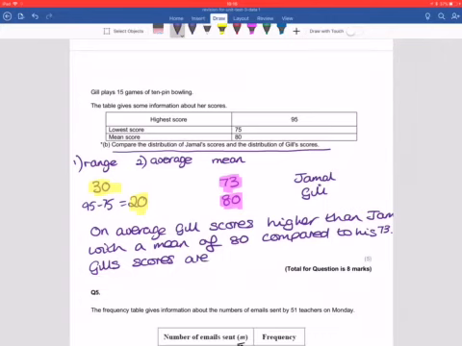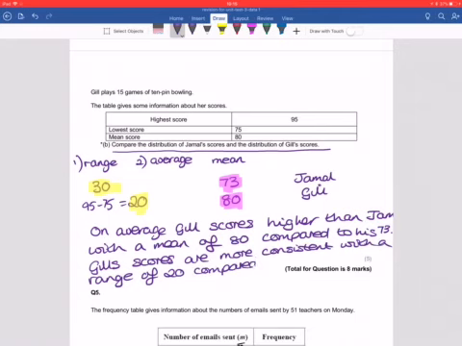More consistent means they're closer together, with a range of 20 compared to Jamal's of 30. So a bit of writing there. Always just talk about the range and then talk about the average.